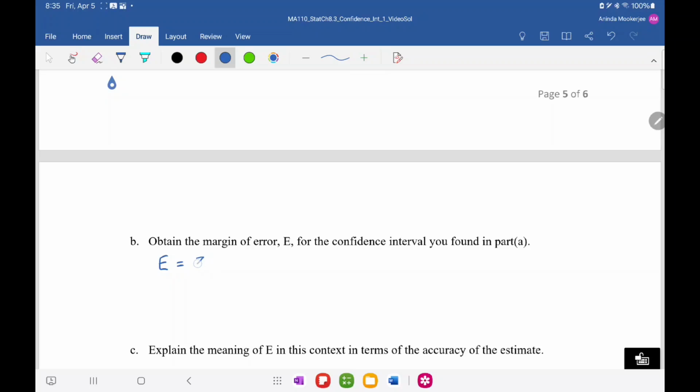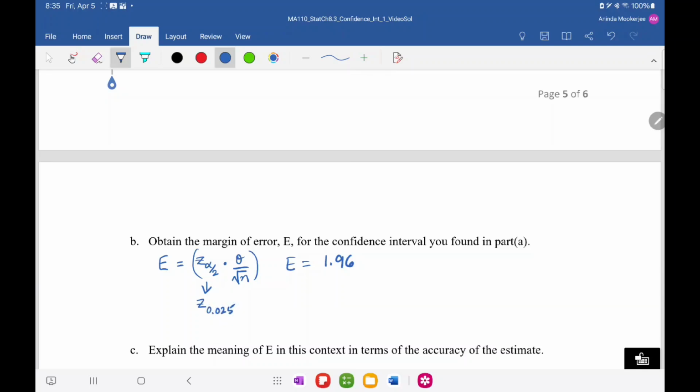So E equals z of alpha by 2 times sigma divided by square root of n is the formula for E, correct? Let's plug in the values. z of alpha by 2 we found was 1.96 from the table. That came from the table; z of alpha by 2 is z of 0.025 for this question.